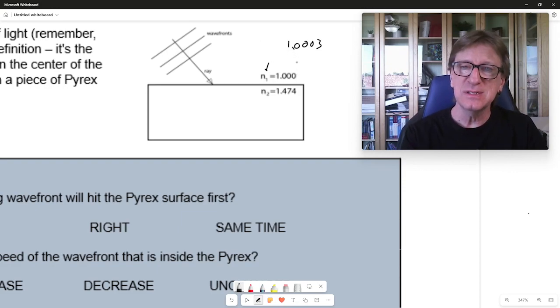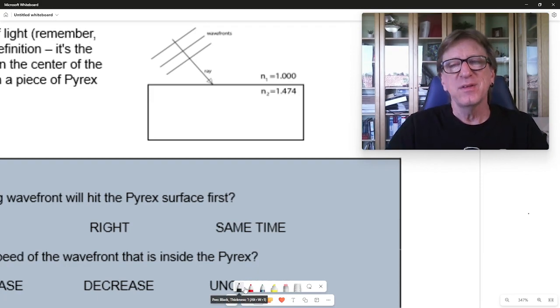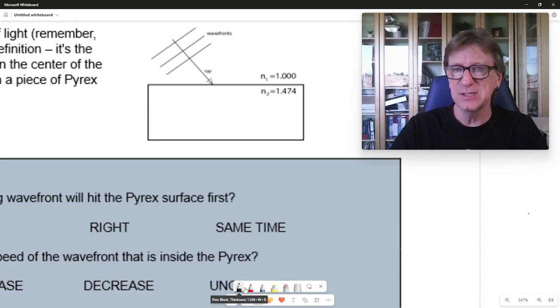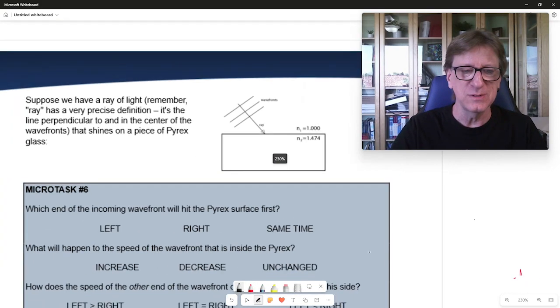But to the limit that we can do 4 significant digits, air is going to have an index of refraction of 1.000. So that's an important thing to keep in mind. If we tell you something's in air, you can assume that n is 1. Now, it's not quite true, is it? Because technically, air is more dense than vacuum. But to the 4 significant digits that we're working with here, it's fine. It's going to be 1.00.